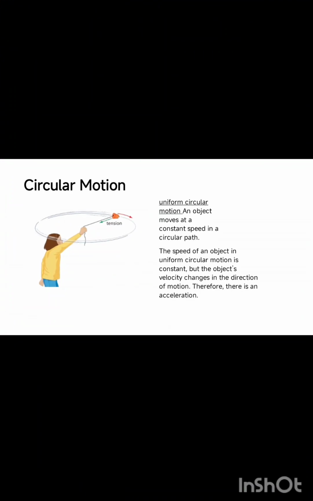We are going to discuss acceleration in our next video, but for this video we will not be going into the detail. Just to understand why the object has a different direction of velocity, we are going to do a simple example: which direction would the ball go if the string is cut?